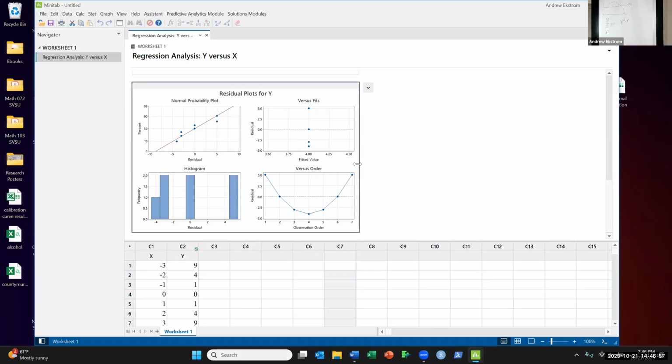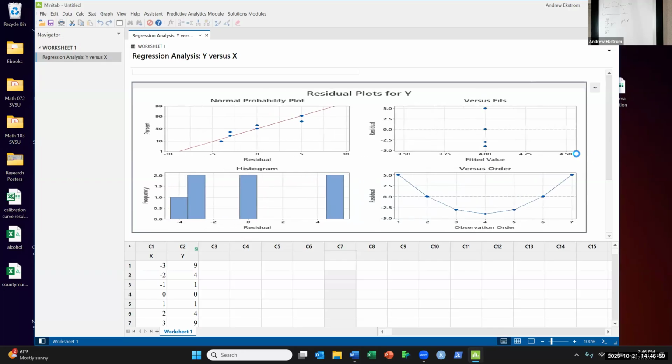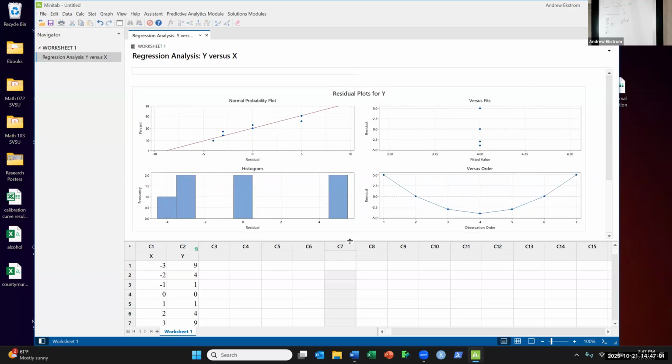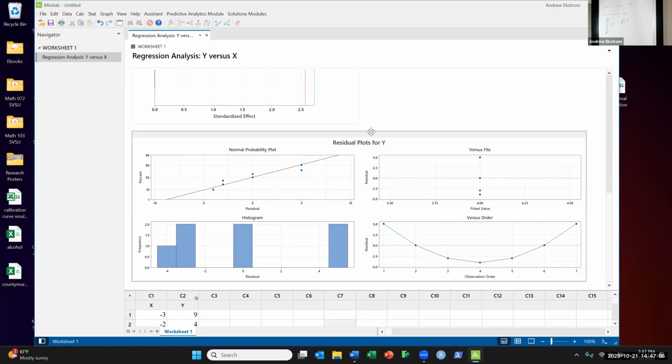And when we get to this stuff here, this is where those assumptions I was talking about come in. Is the data normally distributed? Are the residuals normally distributed? Are the residuals independent, or does there seem to be a pattern?